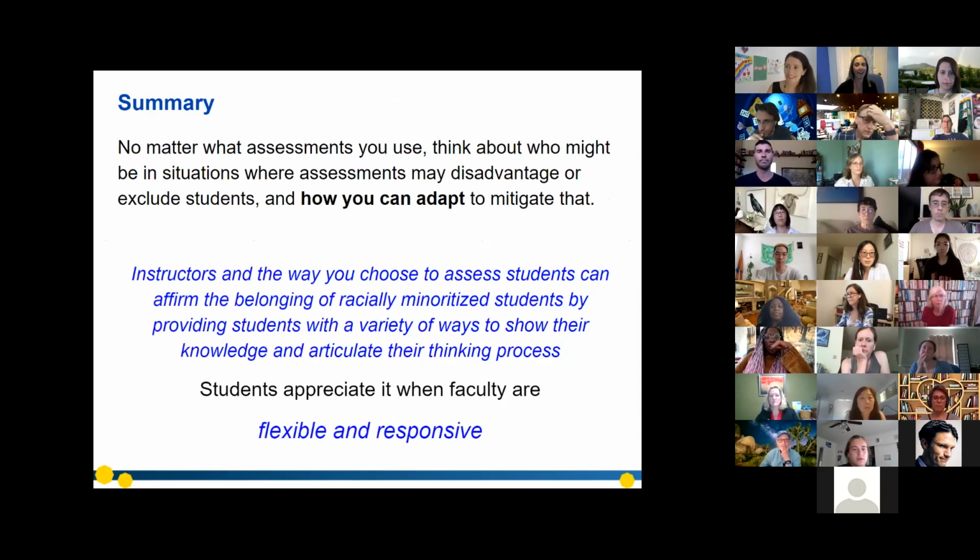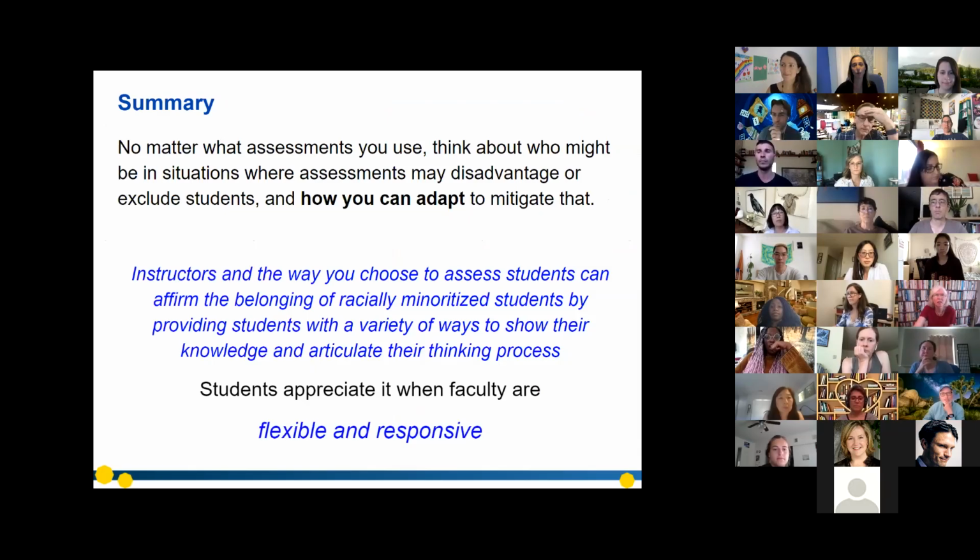Okay. Rachel. Yeah, so the last thing that we just want to leave you with is no matter what assessments that you use, you want to have in mind who might be in those situations where those assessments may disadvantage them or exclude students, and then how you can adapt, what kind of plan you can have in place to adapt and mitigate that.